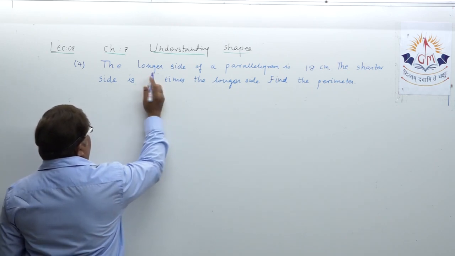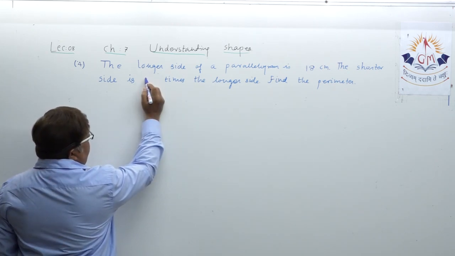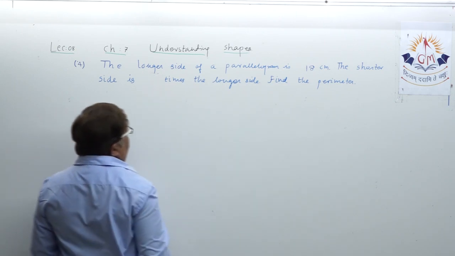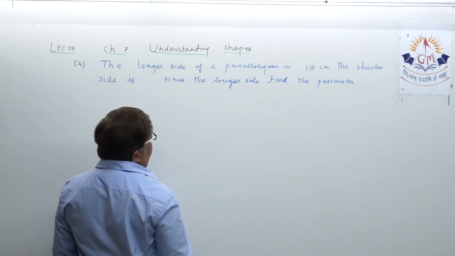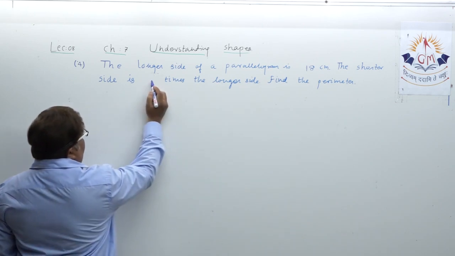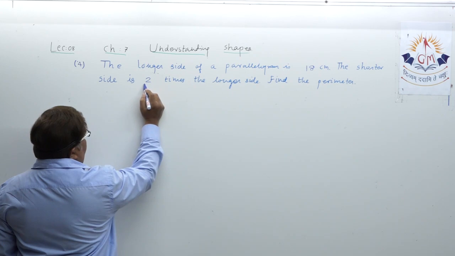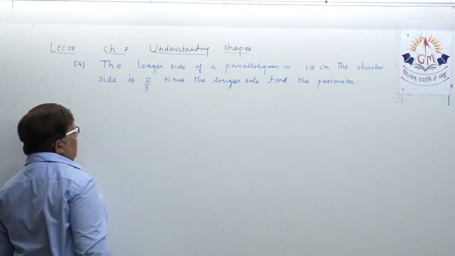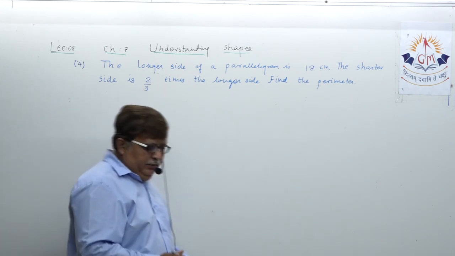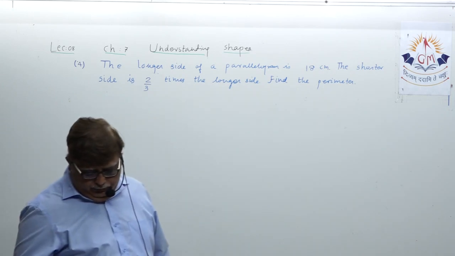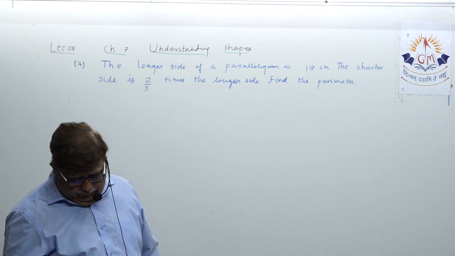And shorter side is, what should I give you? Just let us take 2 upon 3 times the longer side. Find perimeter. Chalo. Just try to solve.